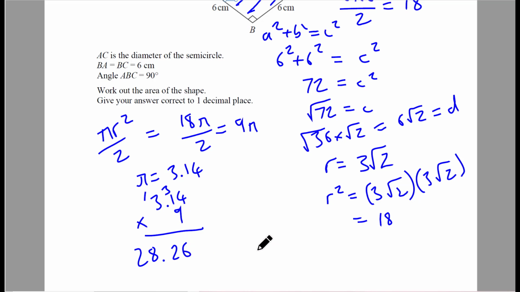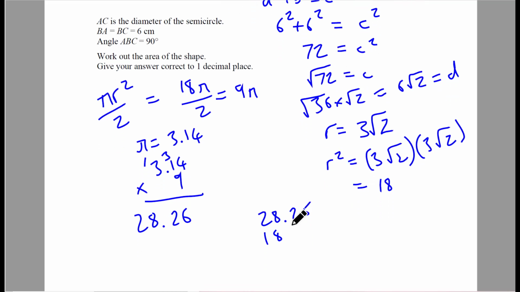So we're going to get 28.26, add the 18 from before, and that's going to be 46.26.